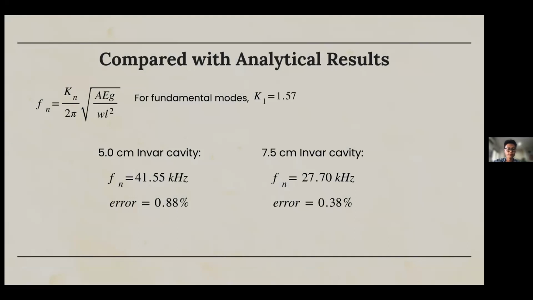Now, for the 5.0 centimeter in-bar cavity, we have a natural frequency of 41.55 kilohertz, error of approximately 0.88%, and we have the 7.5 centimeter in-bar cavity with a natural frequency of 27.7 kilohertz with an error of 0.38%. Now, notice that the body mode of in-bar cavity is now higher compared to the brass model.